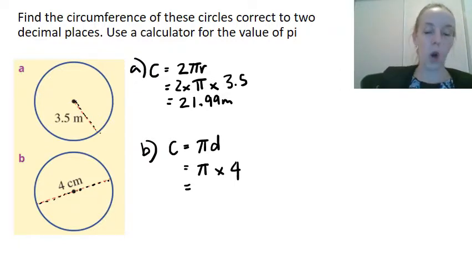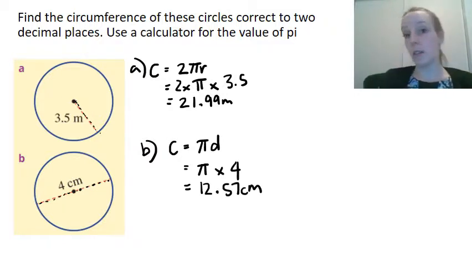And obviously, we're going to round that. So that's 12.566370, etc. So we're going to round. 12.566 rounds to 12.57. And it's centimeters there. So that's what we do for those ones.